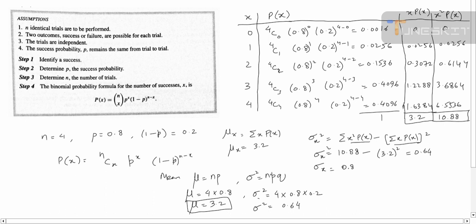Okay, so this is how we can directly work out the answer for mean and variance following these two formulas. I am labeling it as 1 and labeling it as 2, the formulas for mean and variance of a binomial distribution. So that's all for this session.